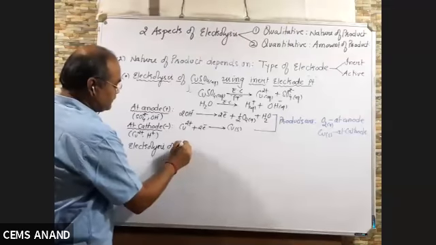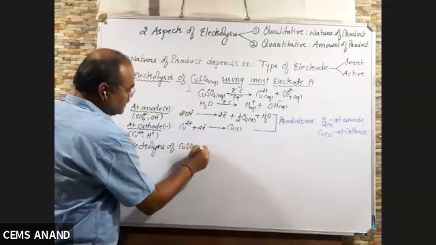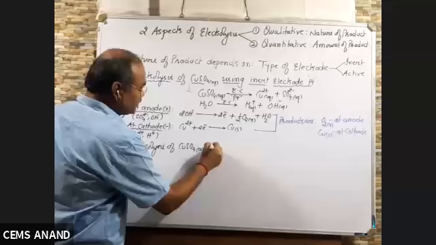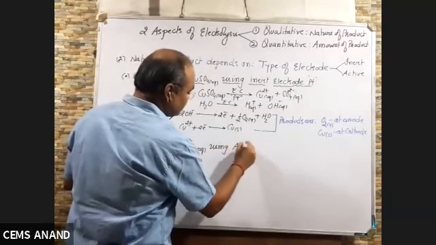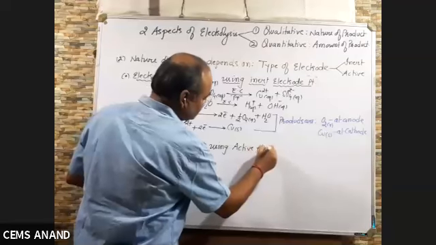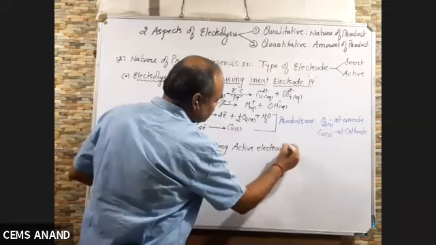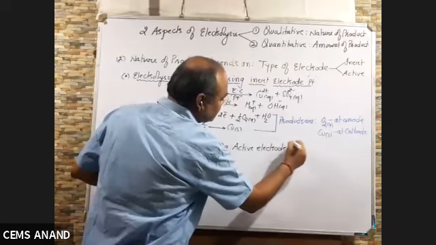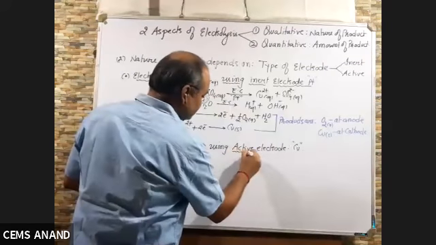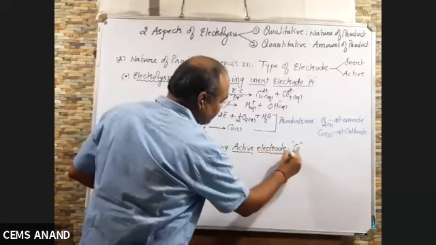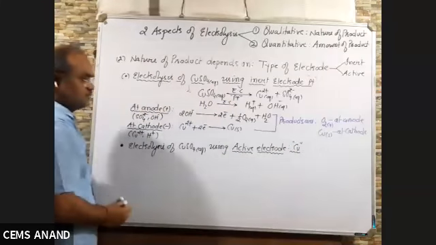electrolysis of aqueous CuSO4 using an active electrode, copper itself. The electrode this time which we are using is an active electrode.